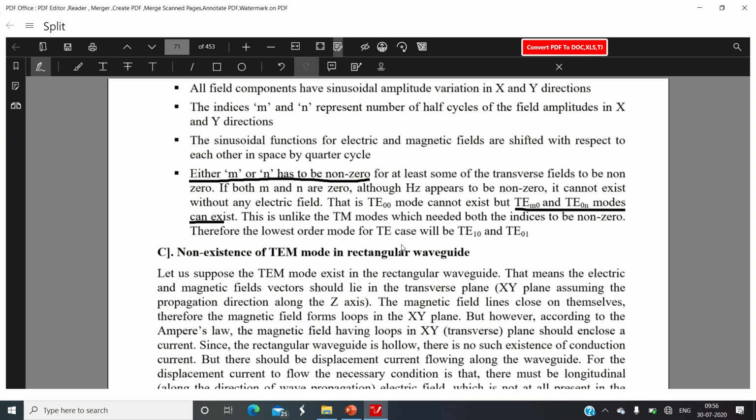Both need not be non-zero. Either one should become non-zero. In that case, if m is equal to 1, considering n is equal to 0, we will get the TE10 mode. And reversely, if I take m equal to 0 while n is equal to 1, we will get the TE01 mode, right?